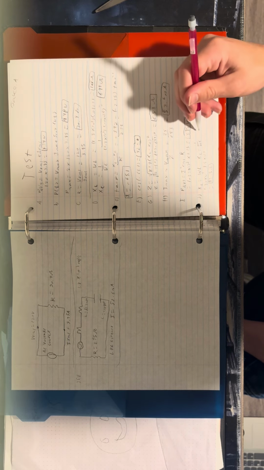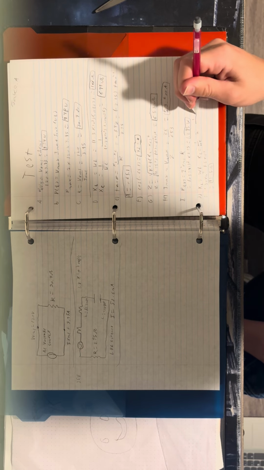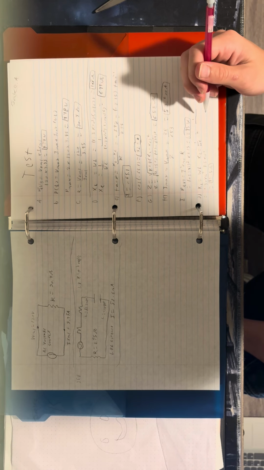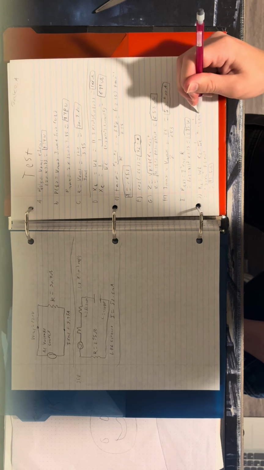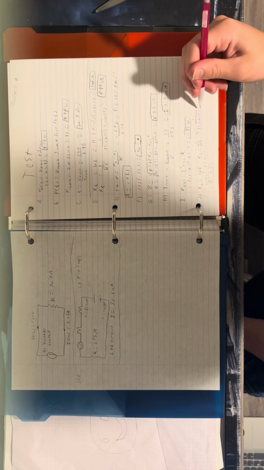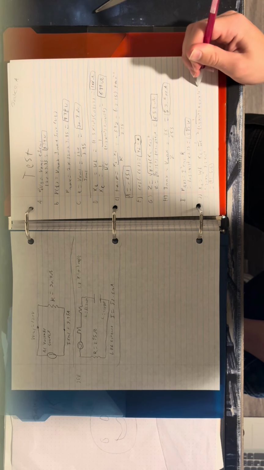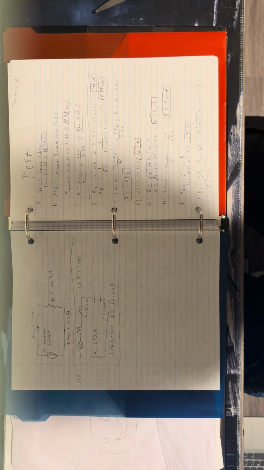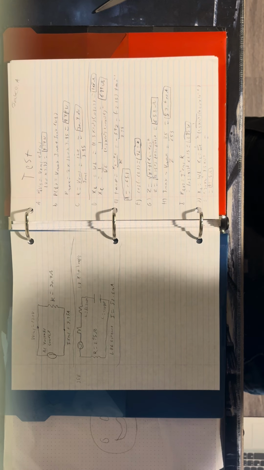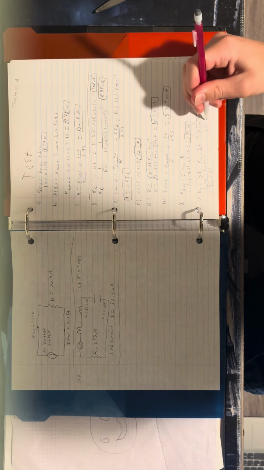And for this one over here, sorry, 1 over 1.3 times 10 to the 4th times 440 times 10 to the negative 6, which equals 175 ohms.